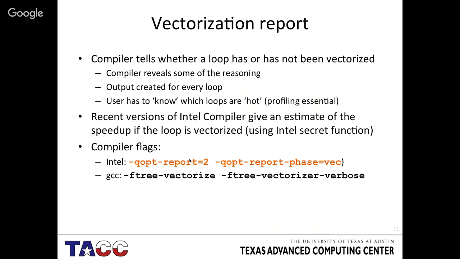And in order to get a report, you say the level of the reporting now that you want, and then what phase. And there's different phases that you can look at. So you can also specify, as you'll see in the lab, where you want that information to be stored, a file to store it in, and you can specify std out, so it will come to the screen.